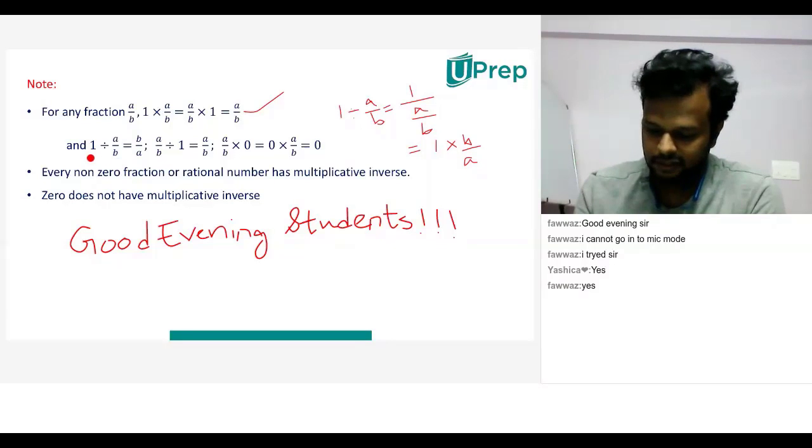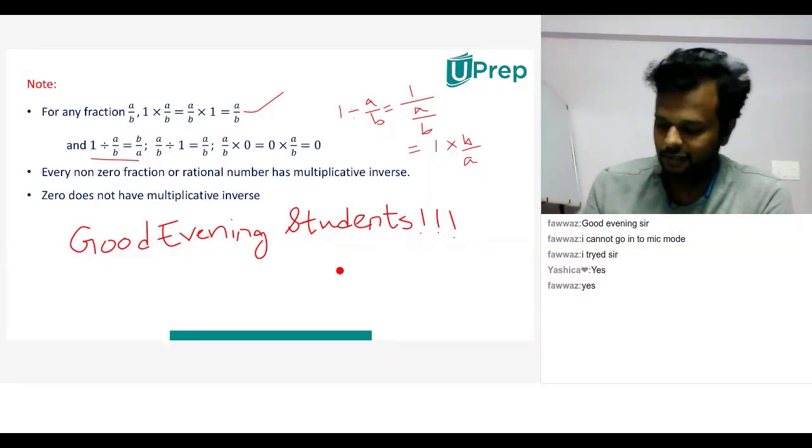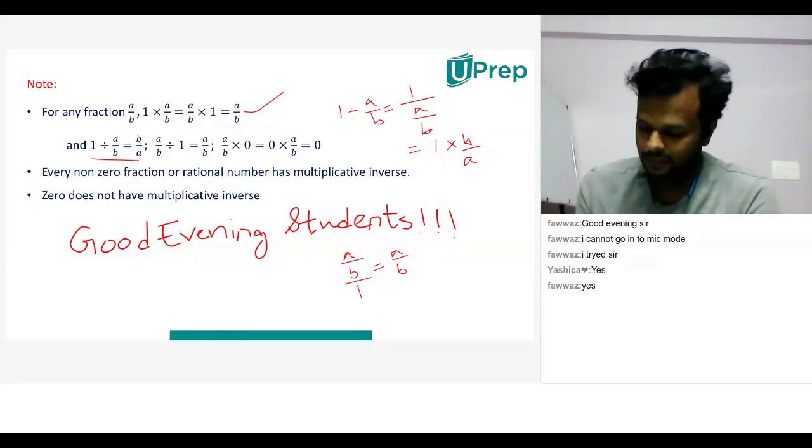So that is where we get this: 1 divided by a by b is b by a. And a by b divided by 1 is obvious, right? Here a by b is being divided by 1, so this becomes a by b only. Because when 1 goes in the numerator, it again becomes 1 by 1, isn't it, children?